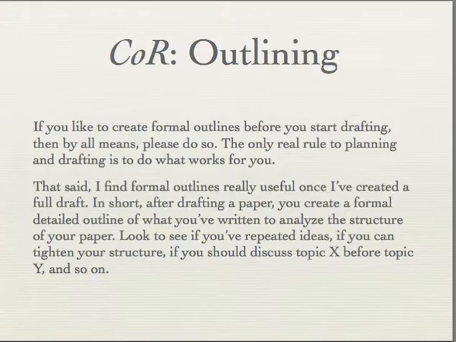So while that's how I think about outlining and storyboarding at the beginning of a project, how Booth, Colomb, and Williams talk about it, I find formal outlines really useful once I've created a formal draft. In short, once you've written a draft of a paper and done a revision, and you think you've got a good paper going, I like to create a formal outline of the paper, sentence by sentence, looking at each paragraph.